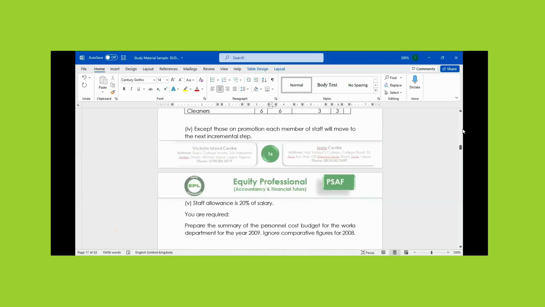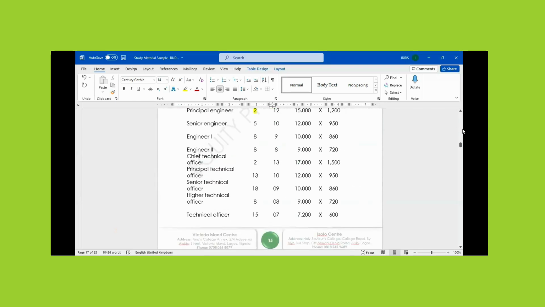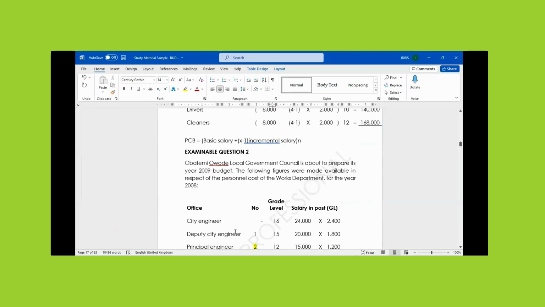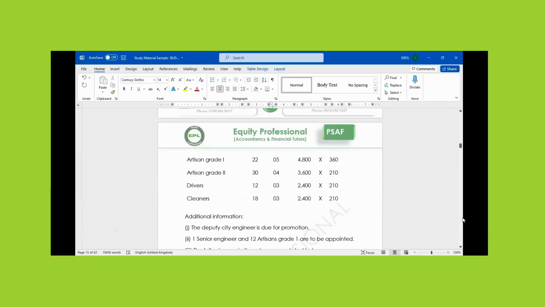After city engineer, the next in the question is who? Deputy city engineer. In the question, we have 1 staff, and that 1 staff has moved. Nobody occupies the position again, so it is 0. We are not told whether the next position to deputy city engineer was promoted.